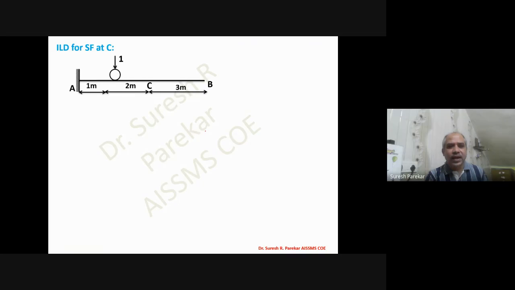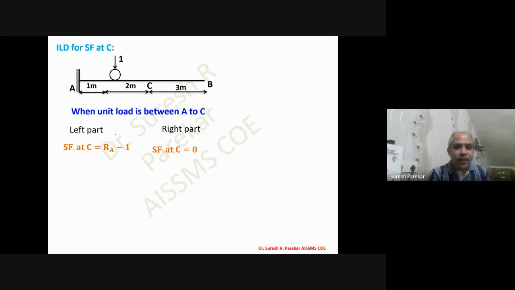And then you can see over here, the unit load is between A to C. So what we will get is RA minus 1. MA is there, but we are using summation Fy not equal to 0. Summation Fy is equal to shear force, and therefore we have RA minus 1. And if we go to the right part, then the right part is equal to 0. If we plot the diagram over here, then we have this diagram.